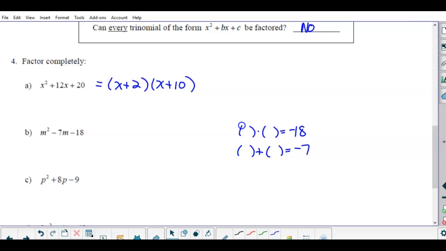But you're looking for two numbers that multiply to negative 18 and add to negative 7. So 1 and 18, where one of them is negative, either the first one or the second one. But I just stop at that because I can think about that in my head. They're not going to add to negative 7, right?